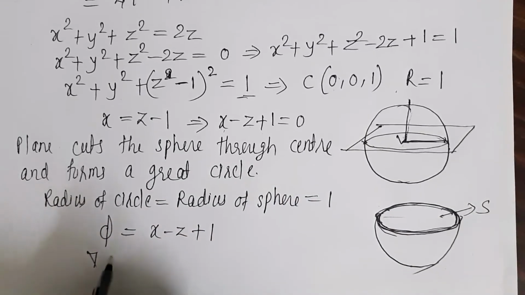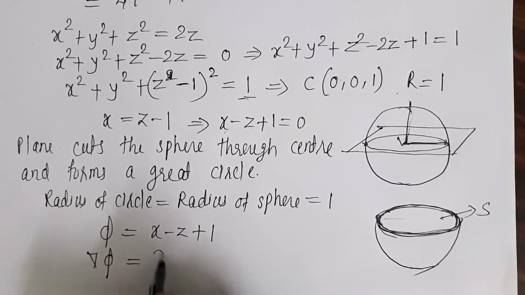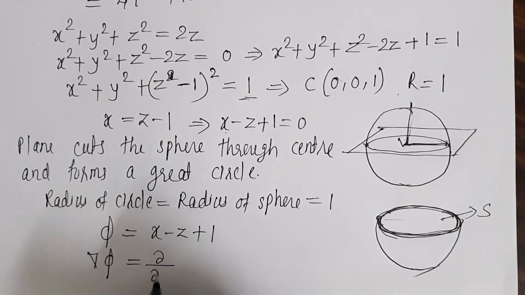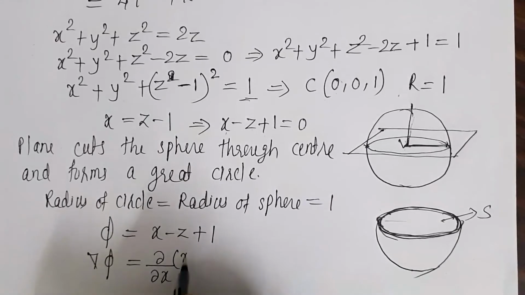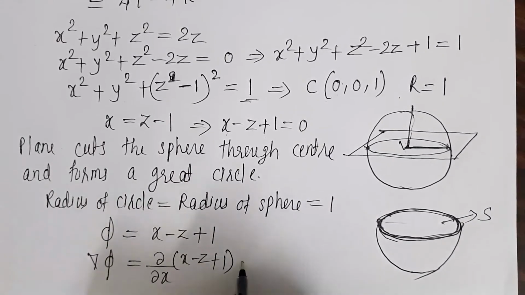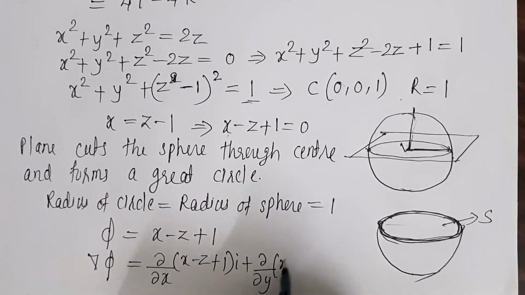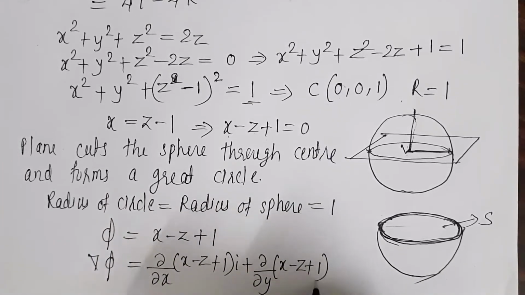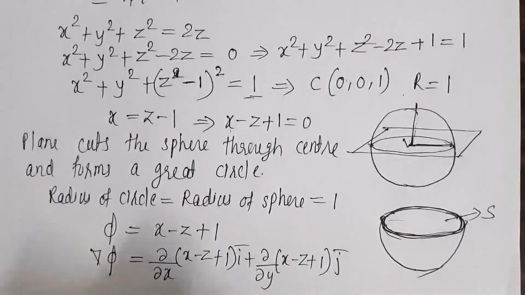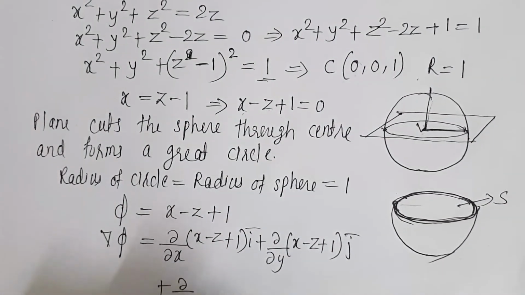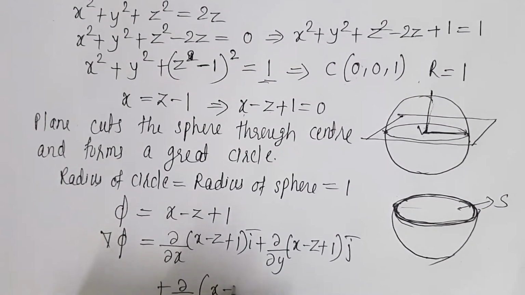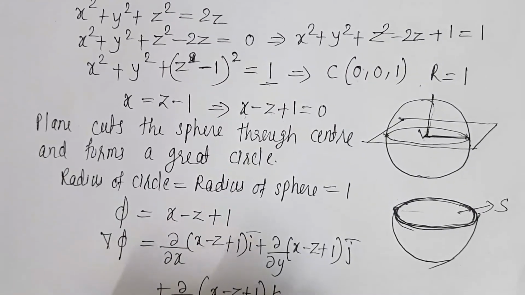So phi is equal to x minus z plus 1. What we want is the gradient of phi. Gradient of phi is del phi by del x i, plus del by del y of x minus z plus 1 j, plus del by del z of x minus z plus 1 multiplied by k.